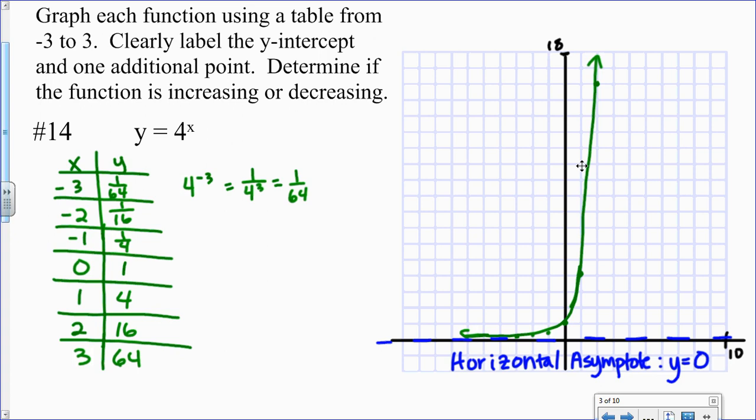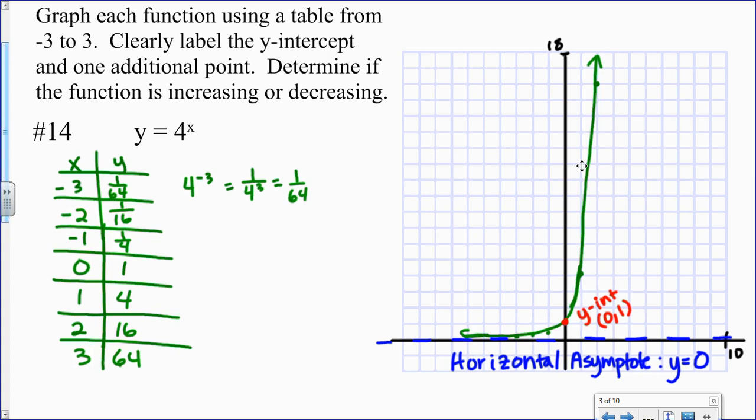Okay, clearly label the y-intercept. So here's my y-intercept. That's 0, 1. So all exponential parent functions will have a horizontal asymptote at y equals 0 and a y-intercept at 0, 1. So no matter what your base is, here my base is 4.